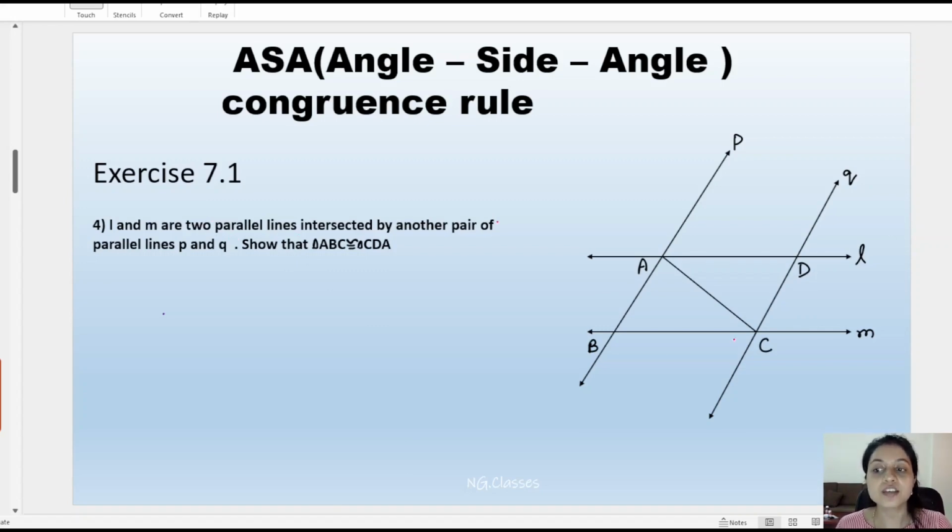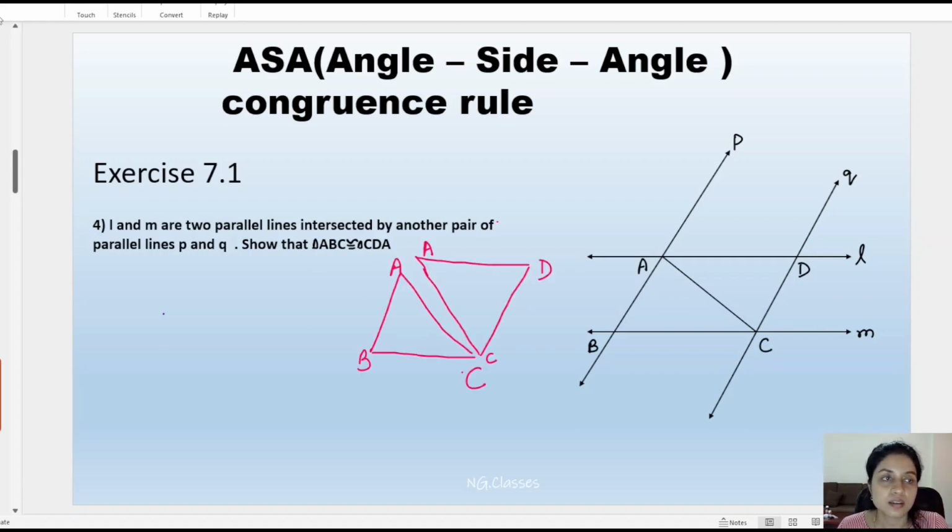Here we can see in the figure also, L and M are two parallel lines intersected by another pair of parallel lines P and Q. So P is parallel to Q, and we have to show that triangle ABC is congruent to triangle CDA. Let's draw the triangles separately. Here, since L is parallel to M, just remove P and Q for a while.